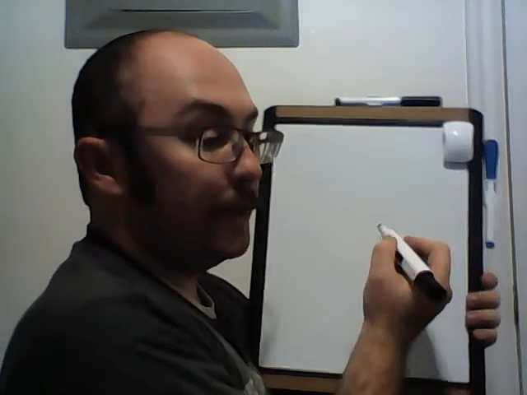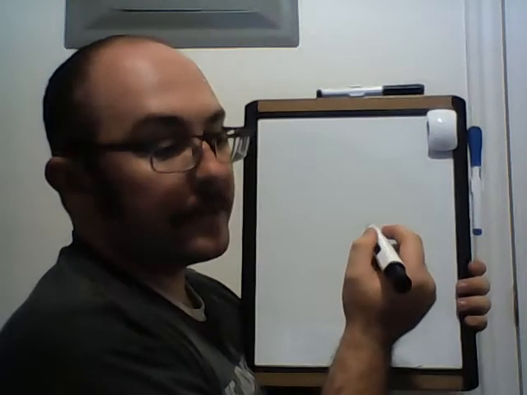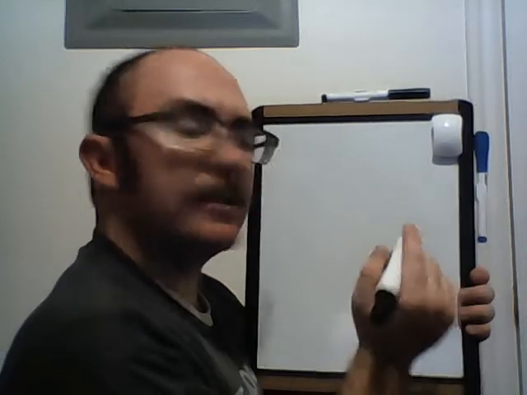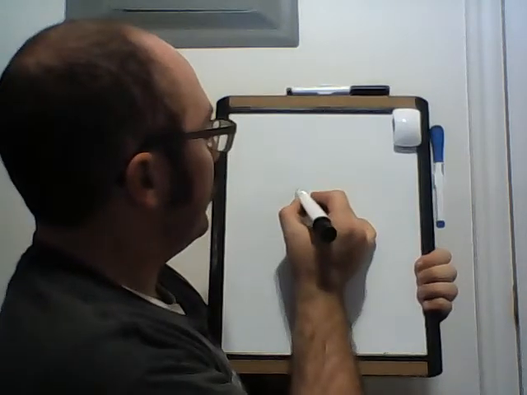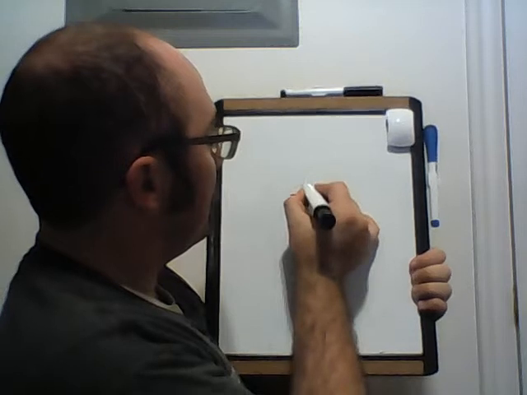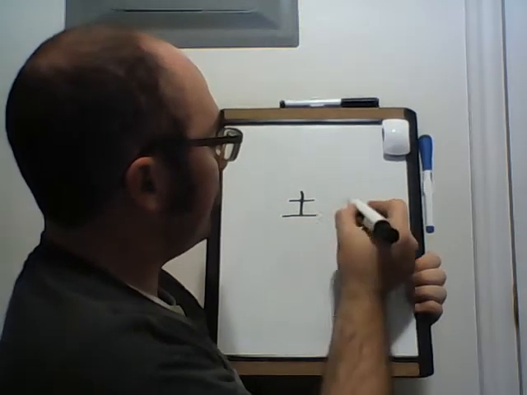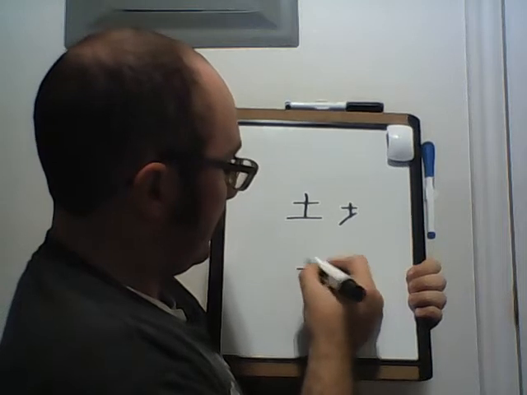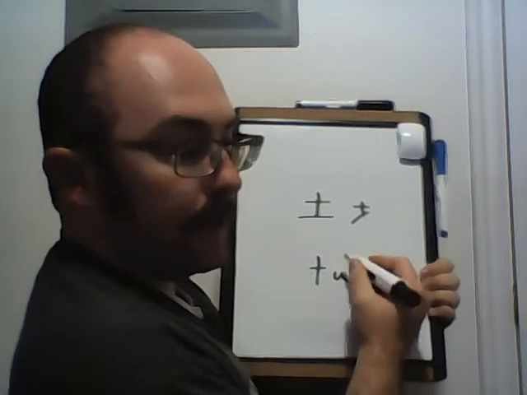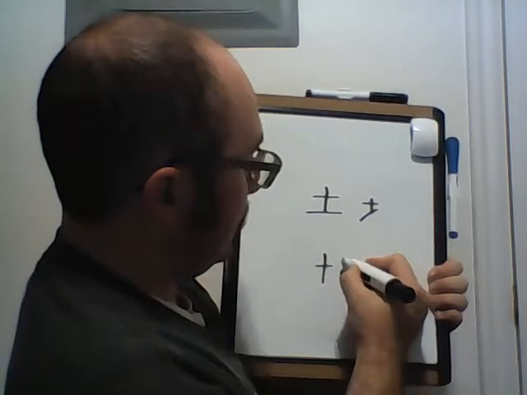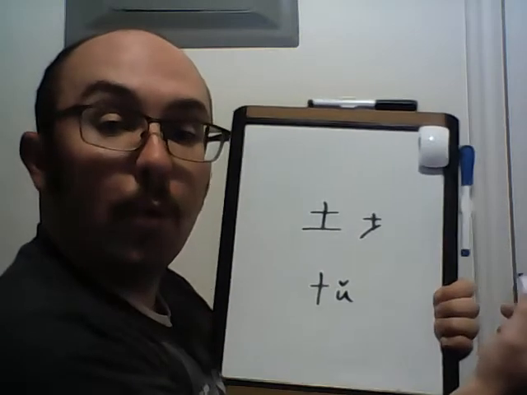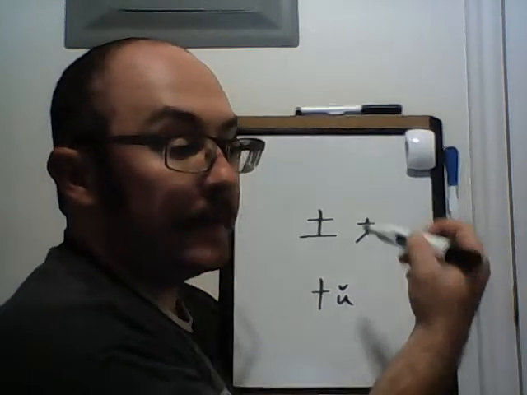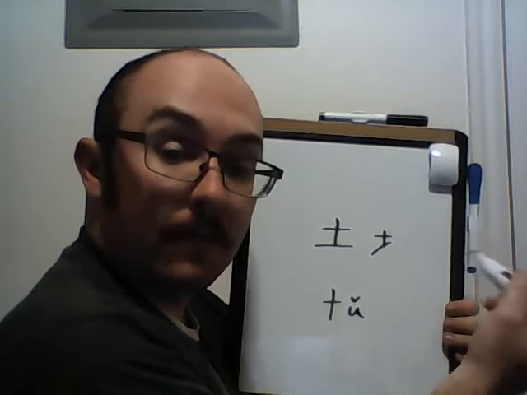So radical 32 has two forms. There's just a slight difference in each. Like that, or sometimes you'll see it in a character like that. Either way, it is Tu. Now this radical is a character by itself.